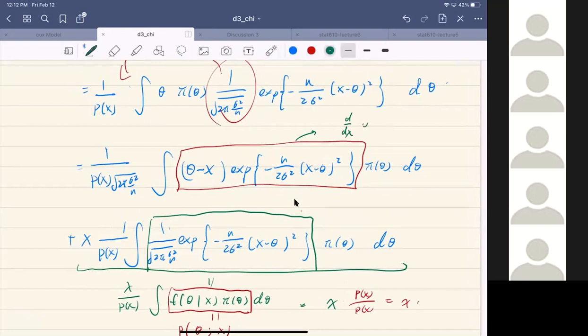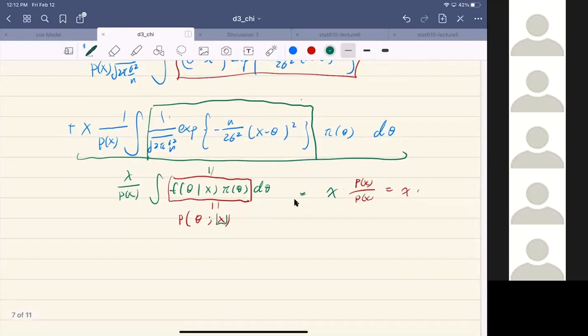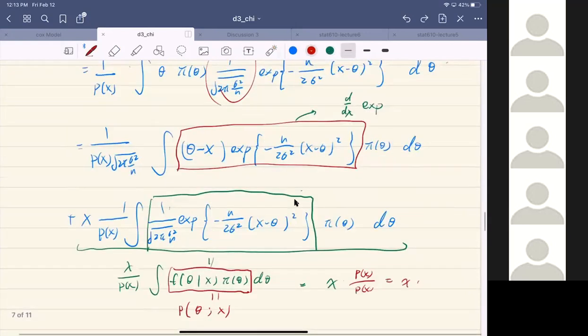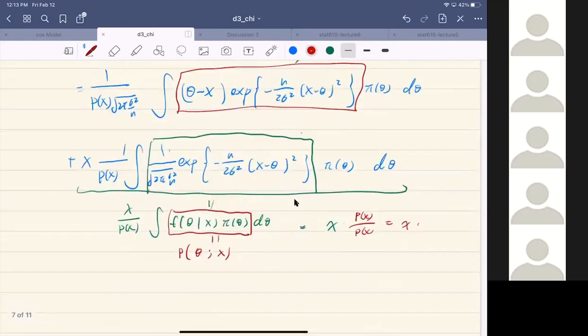Did you mean to write f of x given theta? The line above, should that be f of theta given x, or f of x given theta? Okay, here I only use x because we only have to find the distribution of this. I use S bar equal to x, so maybe I should write S bar equal to x.